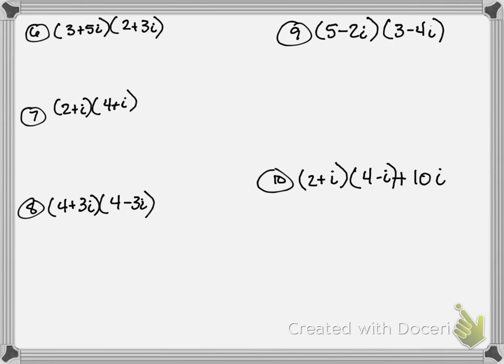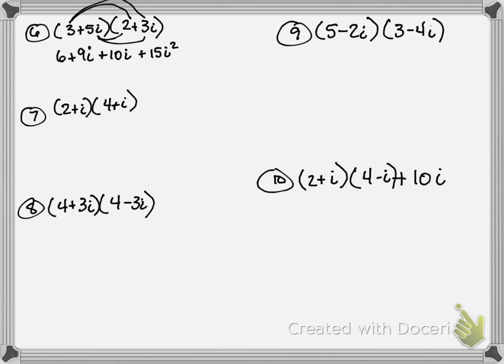So on number 6, you see how it's got nothing in between. There's no sign in between. That means to multiply. All right, so you're going to do 3 times 2. 3 times 2 is 6. All right, 3 times 3i is plus 9i. Then you're going to take 5i times 2. 5i times 2 is 10i. 5i times 3i, all right, is 15i squared. Okay?